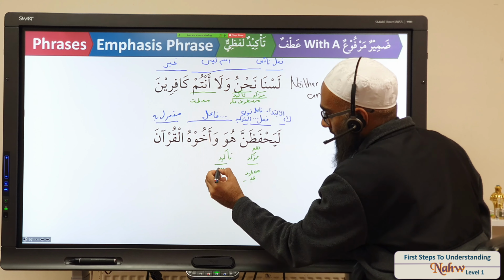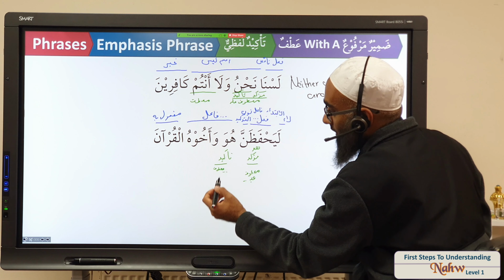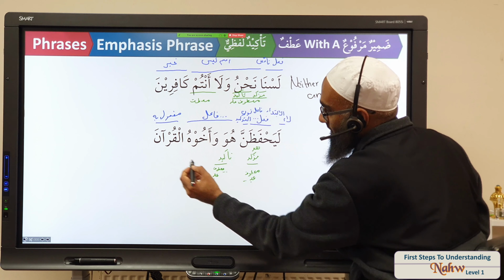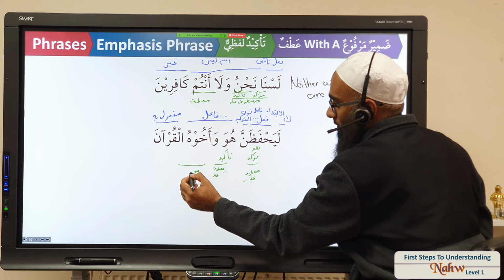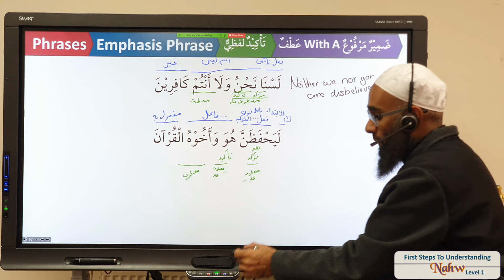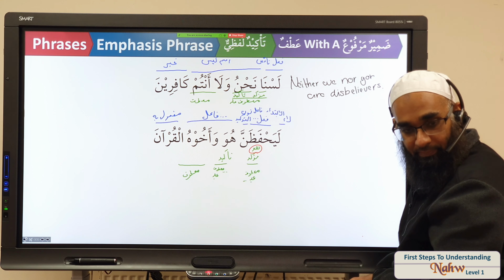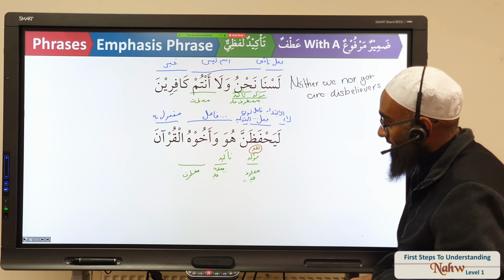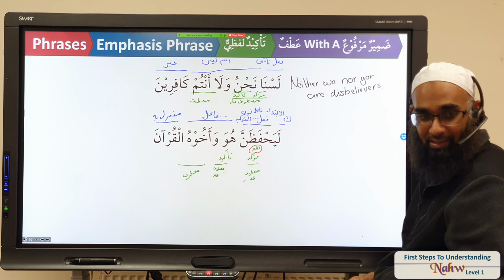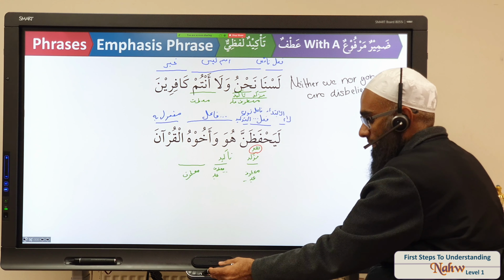Then this becomes ma'tuf. Do you understand? So the huwa inside is the mu'akkad, and the huwa outside is the ta'keed, and the mu'akkad and ta'keed become the ma'tuf alayh.